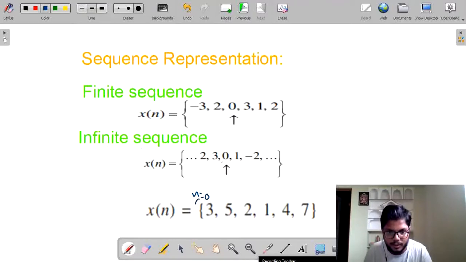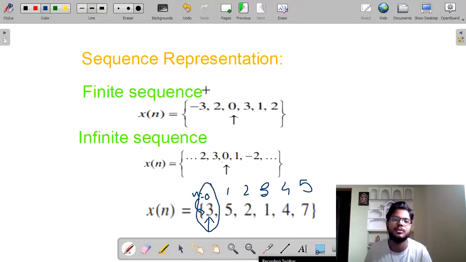For n equal to 0 the amplitude is 3, then n equal to 1, 2, 3, 4 and finally 5. So if no arrow mark is given, assume the first term as n equal to 0.